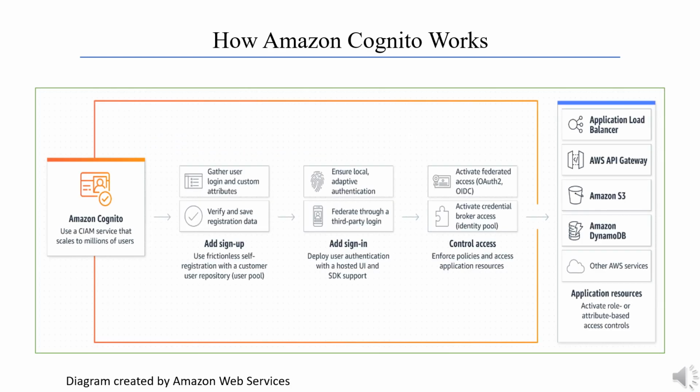Okay, now let us see how Amazon Cognito works in an application environment. With Amazon Cognito, you can add user sign-up and sign-in features and control access to your web and mobile applications.